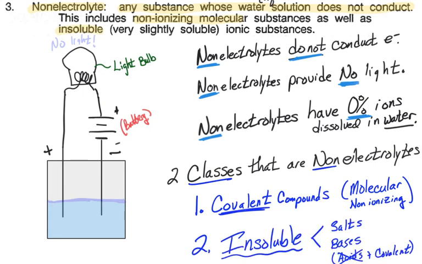So if you stick it in water and it does not dissolve, it is a non-electrolyte. And that, of course, includes the insoluble salts and the insoluble bases. So be careful when you're looking at the solubility rules. You need to realize if it's insoluble, that means it is a non-electrolyte. And if it's a covalent compound, it is a non-electrolyte.